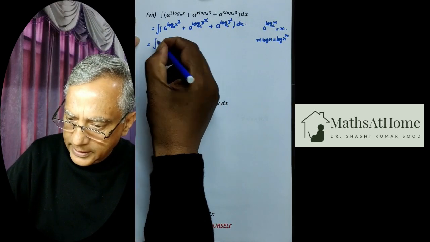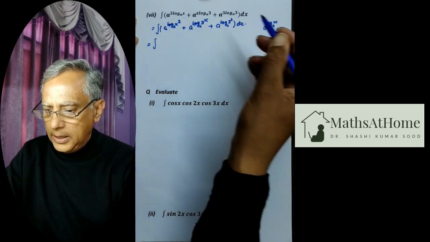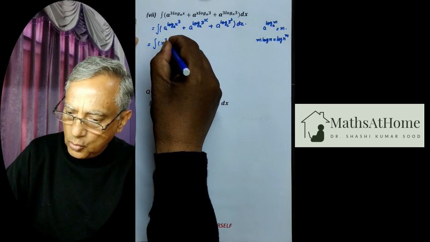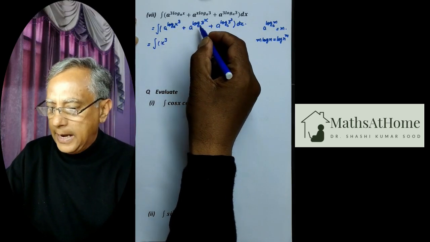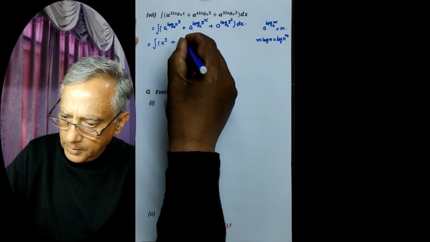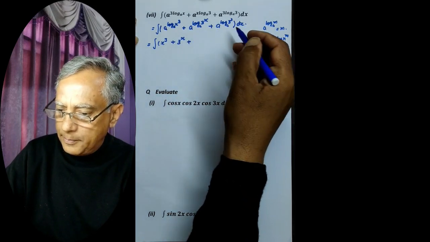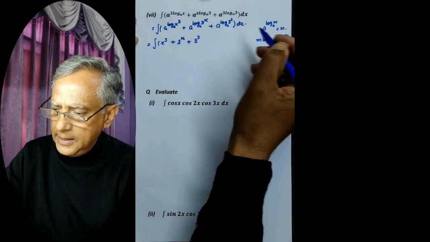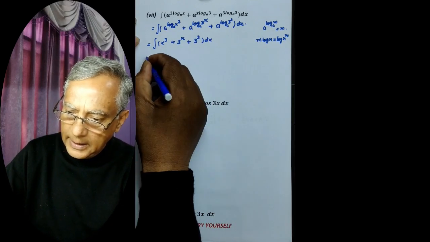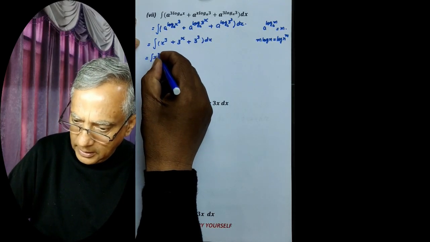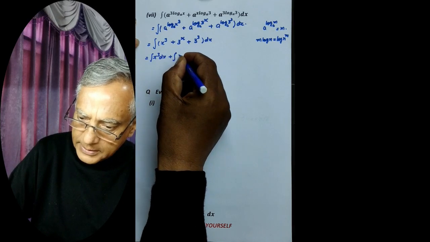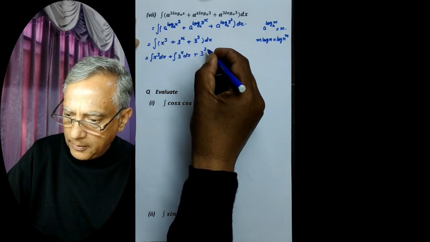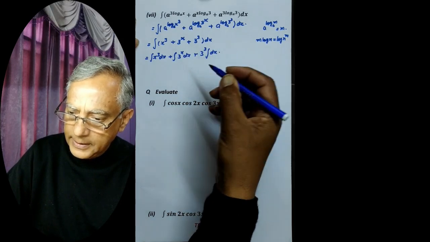So this is equal to integral, now a log a m is m, so this will be x cube, this will be x cube, and this will be 3 to the power of x plus this will be 3 to the power of 3 using this formula dx, and this is equal to integral x cube dx plus integral 3 to the power of x dx plus 3 to the power of 3 is common, integral of dx.